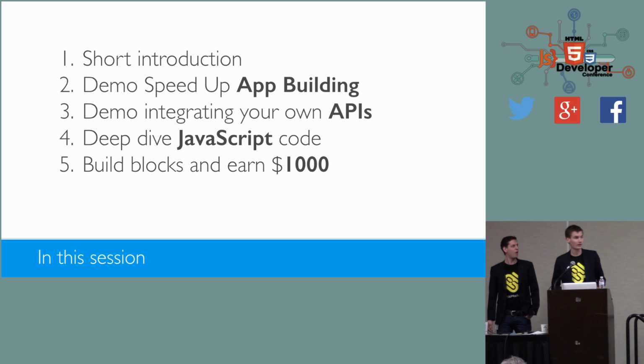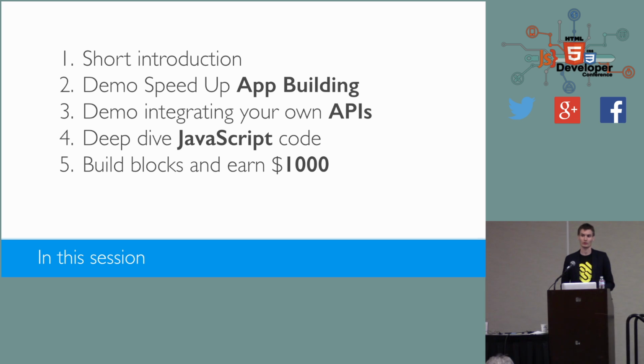All right. For today, we're going to do a couple of things. First of all, I'm going to give you a short introduction into AppMachine, tell you a little bit more about the company, who we are, and what we're doing. Then I'll preview that even for both non-developers and developers, you can build native apps for iOS, Android, Windows Phone, and a web app as well.